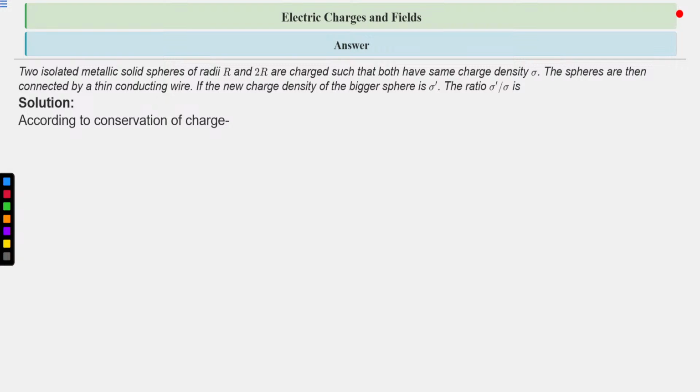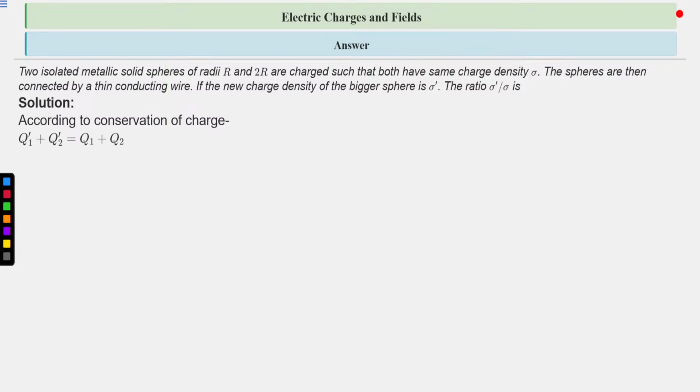So according to conservation of charge, now we are connecting both the metallic solid spheres with a thin conducting wire. So charge will transfer from one solid sphere to another to make the potential on both surfaces equal. But net charge on both the metallic solid spheres remains conserved.